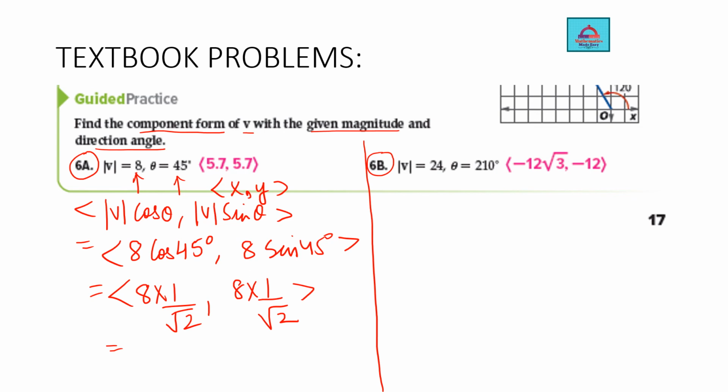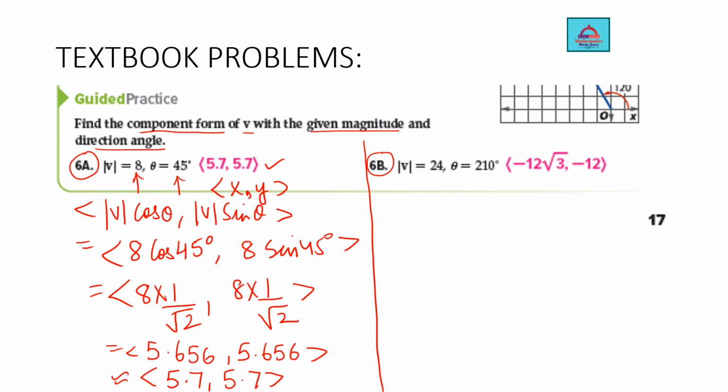I'm going to divide 8 by square root of 2. So this will come out to be 5.656, 5.65. Now if you see carefully, we have to round it off to one decimal place. So this is near about 5.7, 5.7. So both are the same, and yes, that's your correct answer.